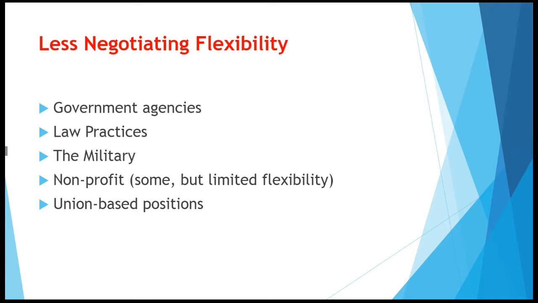Nonprofits, some have more flexibility and some have less flexibility. But once you know the lay of the land by looking at the income statements and what the key people are earning, then you have a better sense of how much money you could earn. And union-based positions as well.